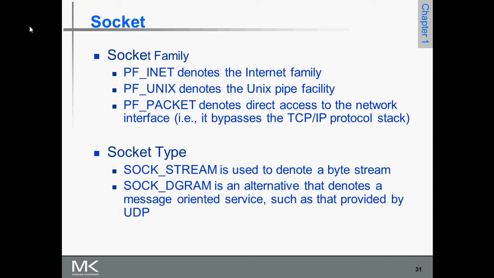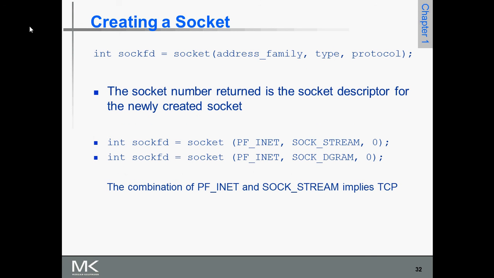These are the few parameters that you are going to use in creating a socket. In order to create a socket, you use the function socket. The socket function accepts three parameters: one is the family, another is the type, and the final one is the protocol.